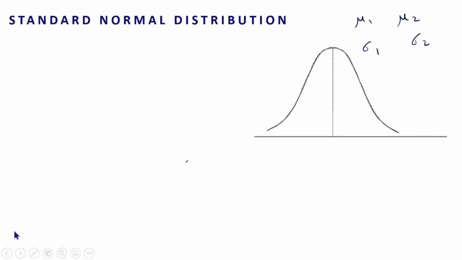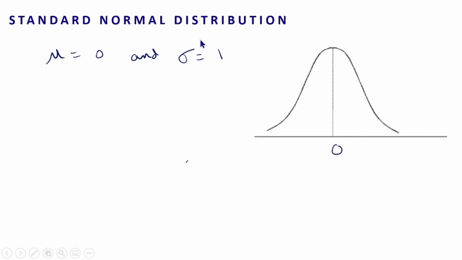So if we have some easier method, then it can be easily compared. This standard normal distribution is nothing but a normal distribution with mu is equal to 0 and sigma is equal to 1. So here we have the mean. So the normal distribution with mu is equal to 0 and sigma is equal to 1 is called standard normal distribution.